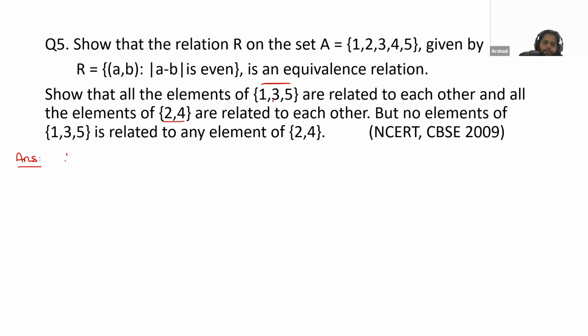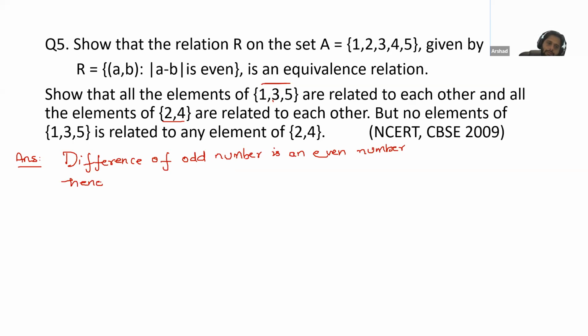We can write the statement here: the difference of odd numbers is an even number. Hence elements 1, 3, 5 are related to each other.